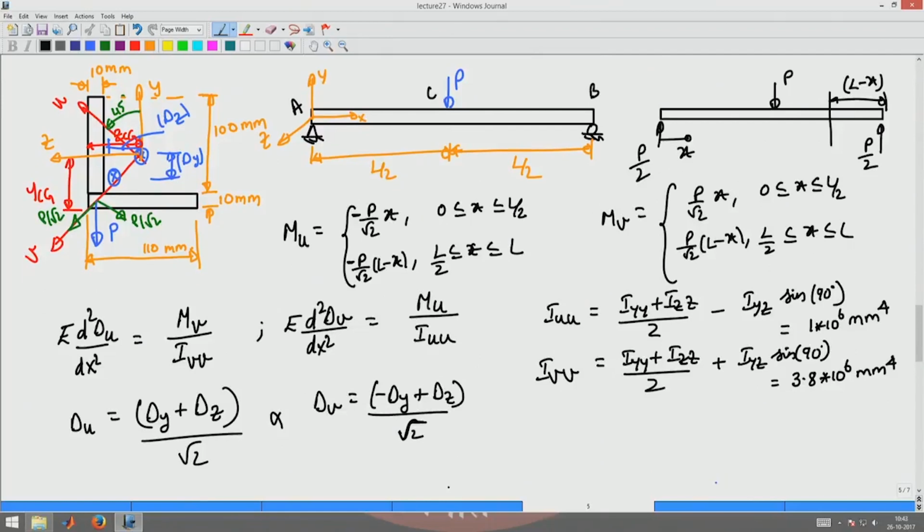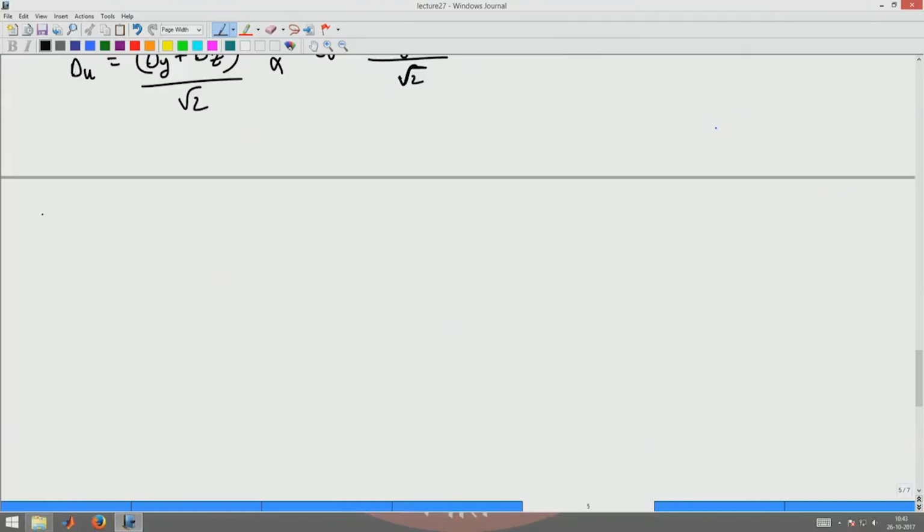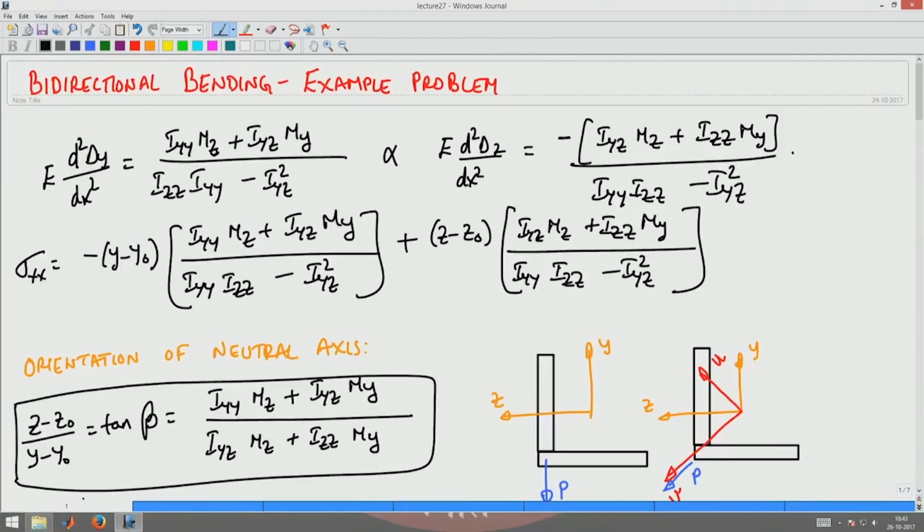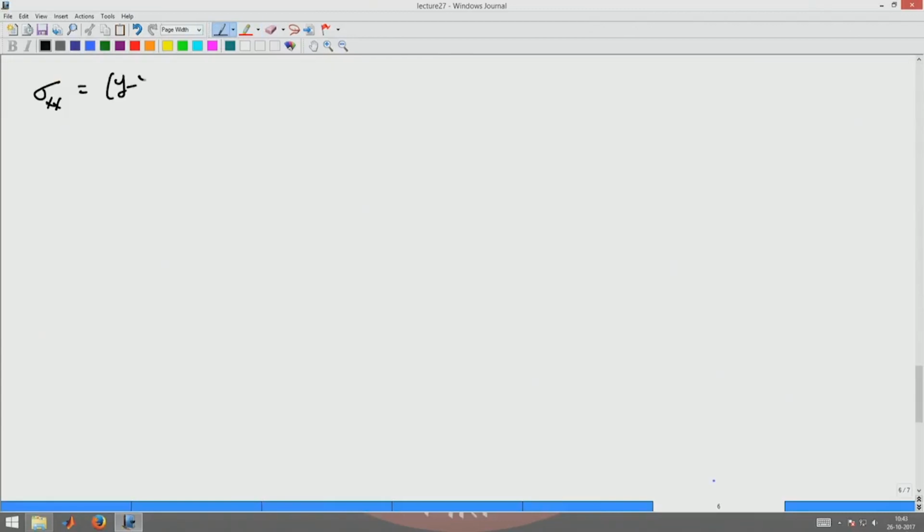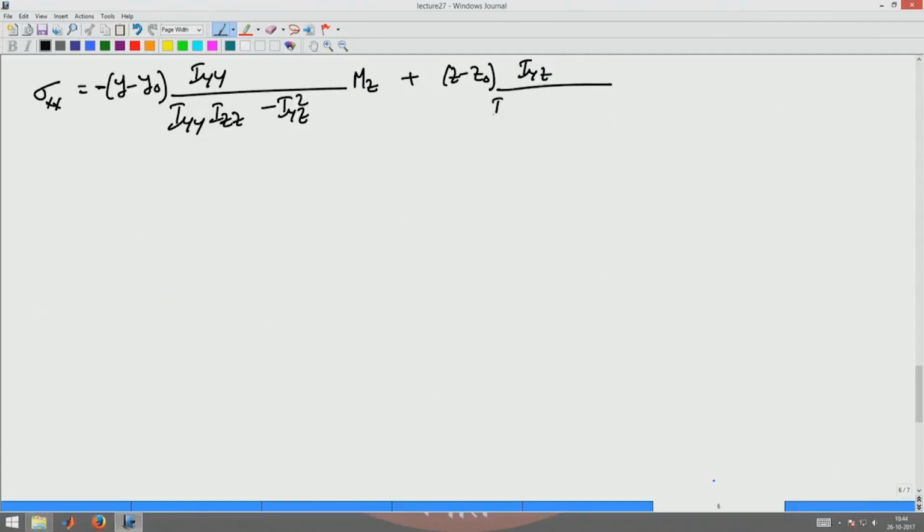Now moving on to the stress expression, the stress sigma xx would be given by, from the equation that we had before, y minus y naught into IYY divided by (IYY into IZZ minus IYZ squared) into MZ, with the negative sign in here, plus z minus z naught into IYZ divided by (IYY IZZ minus IYZ squared) MZ.